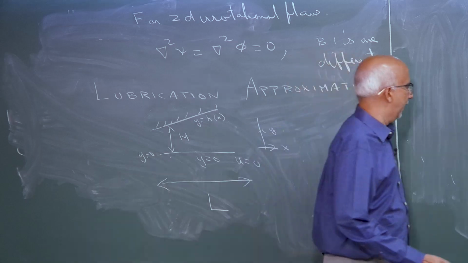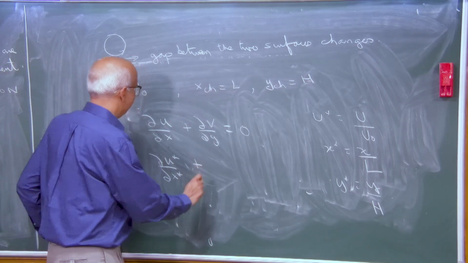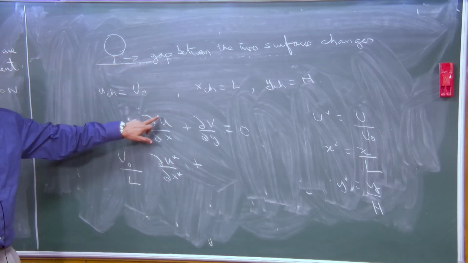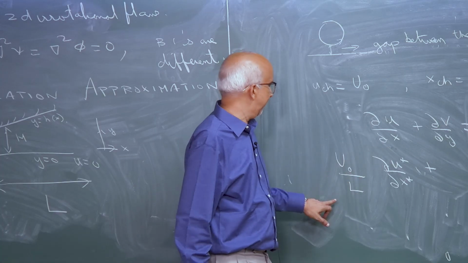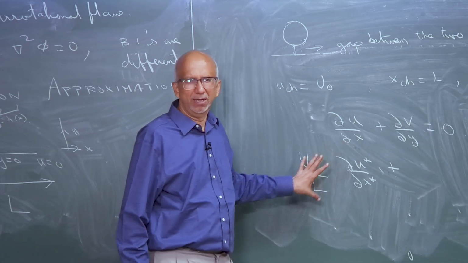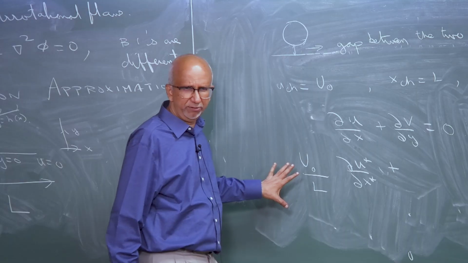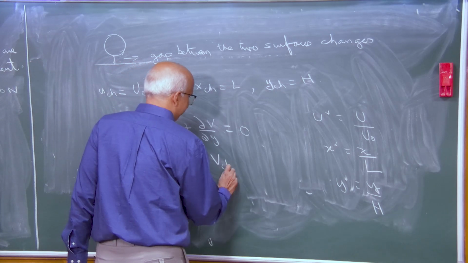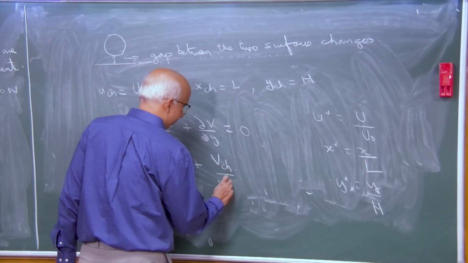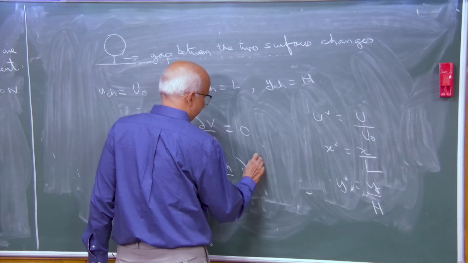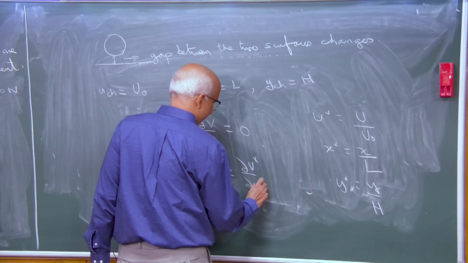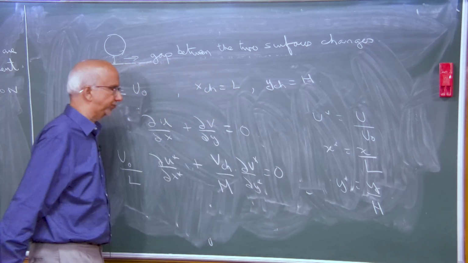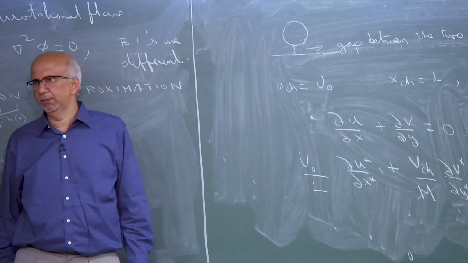I am just substituting u as u naught multiplied by u star, x as L multiplied by x star, and these are constants, so I can take them out of the derivative. I do not know what the v characteristic is, but I know the other term, dv star by dy star equals 0. This is what I get.